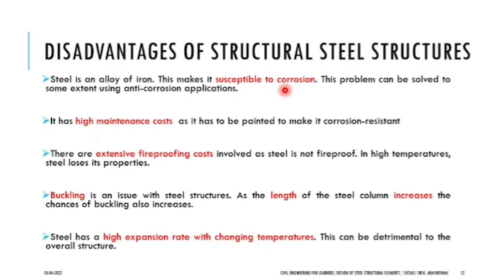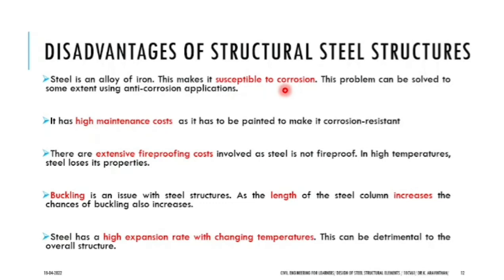Or else in the cold places where you find negative temperature, you cannot go for steel structure. Why? Because the expansion and contraction will be very high. You cannot go for steel at higher temperatures as well as the lowest temperature.